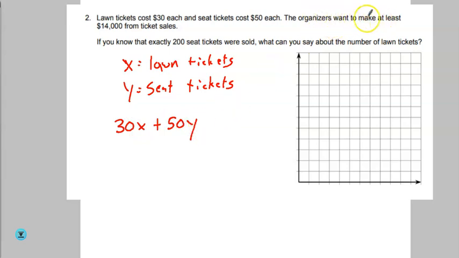And the organization wants to make at least, so at least means they want to make equal to or more than $1,400. So there's our situation. That's the inequality we're going to graph.